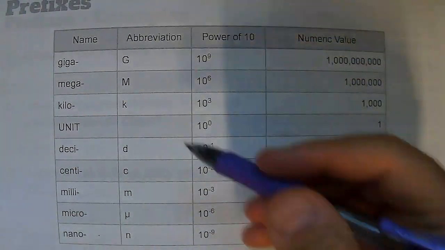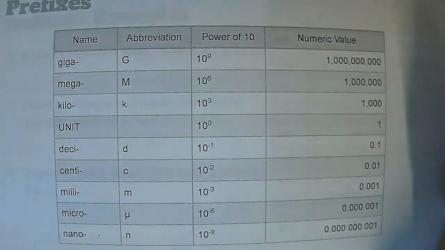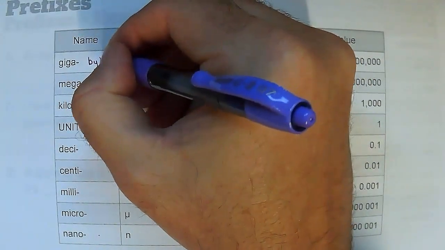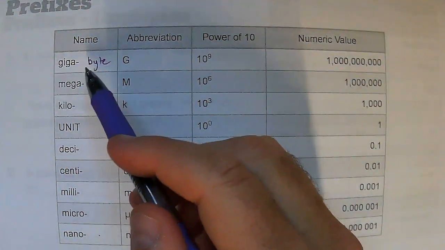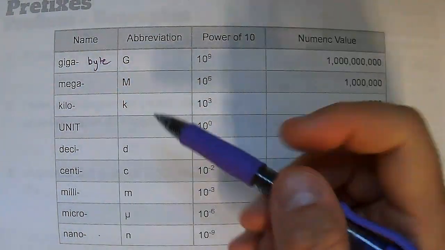The reason we pick giga is that if you know computers, computer memory right now is measured in gigabytes. So this is probably something that you have heard before.